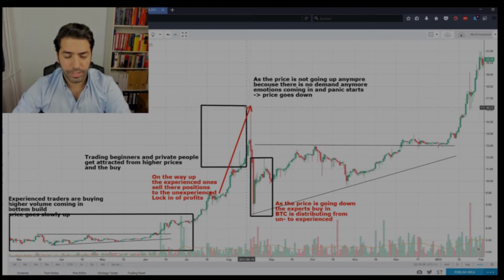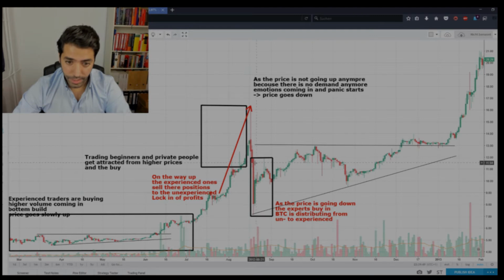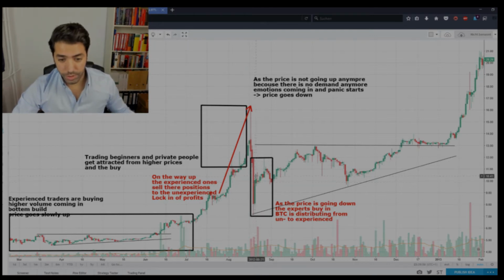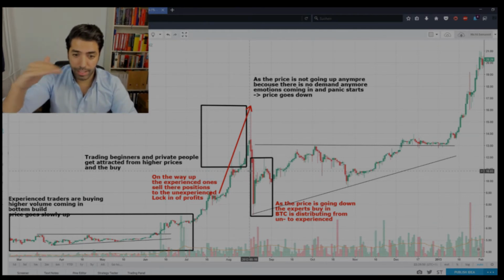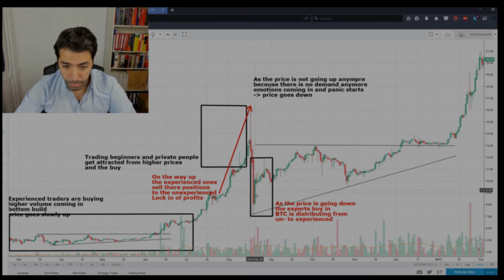So they went out of their position, they locked in their wins, they wait on the sideline to see the correction, and then in this correction, you can't really say in which area, but then they slightly buy in, and then we build these bottoms, so the low here, and from there the price bounced back again to the upside. You see still higher volume, so still the distribution from the inexperienced to the experienced.